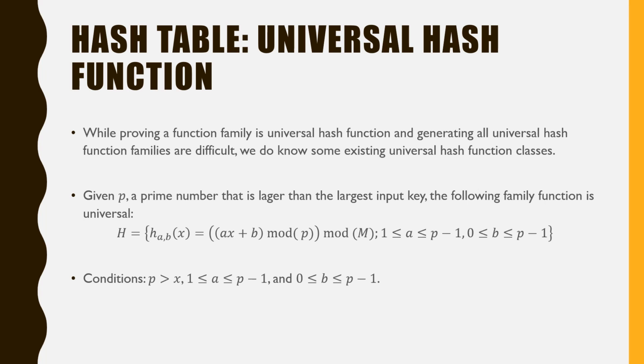Hence, we need to first estimate the largest value for x before determining p. The parameter a needs to be larger than 1 but smaller than p, while the parameter b needs to be larger than 0 but smaller than p. Once all these conditions are met, the corresponding hash function is universal.